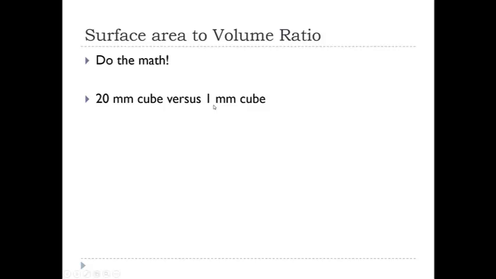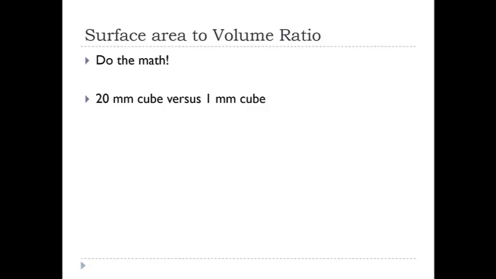So 1 millimeter, okay, a cube has 6 sides. 1 millimeter times 1, so the length times the width times the height, would determine the volume of the cell if it was a 1 millimeter cube. So 1 times 1 times 1 equals 1.